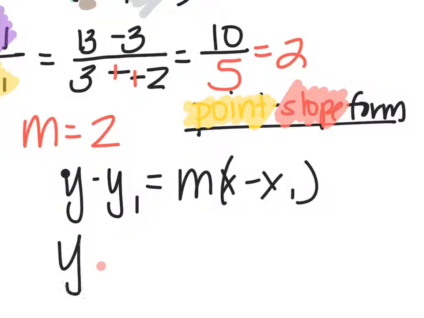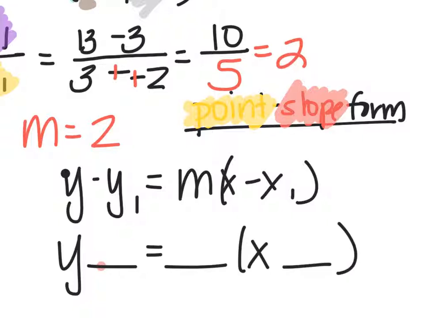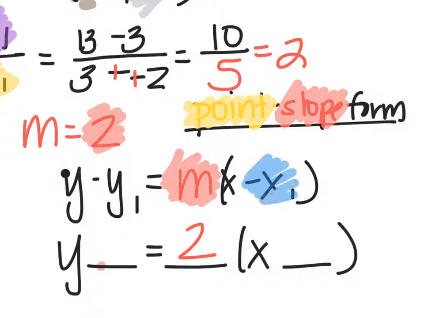And our job is to fill in something for y1, m, and x1. We've already decided that our slope is 2, so we can go ahead and put 2 in here for m, because we know that that's what our slope is. So now we have to figure out something for x1 and something for y1.